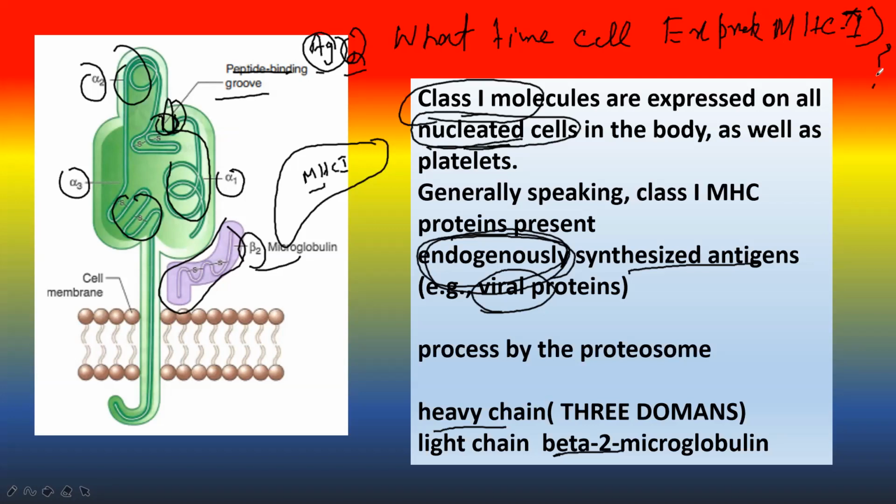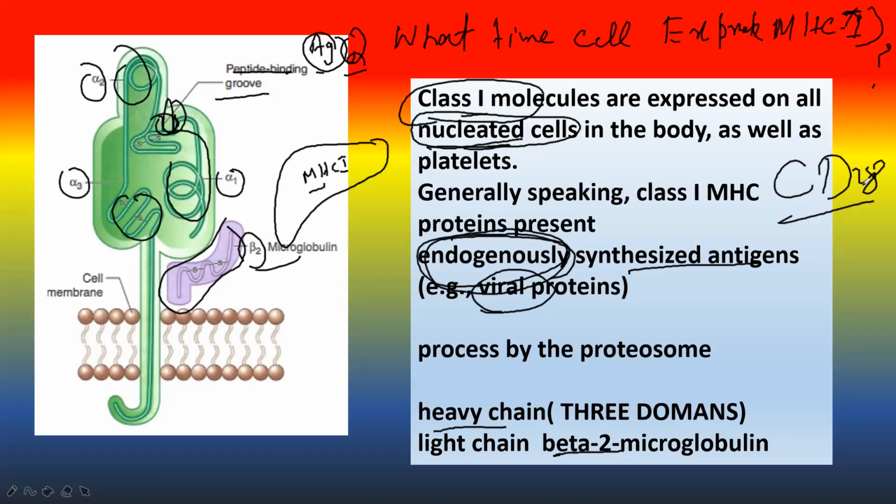When the cell is infected by virus. If the cell has something wrong inside, some tumor-like changes, if the cell becomes a tumor or changes to cancer, it expresses MHC1. Then this MHC1 is detected by which cell? Which cell is circulating all the time? CD8, moving here and there, just looking for MHC1.